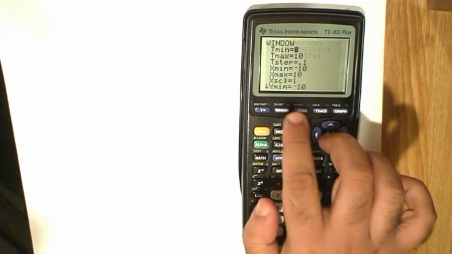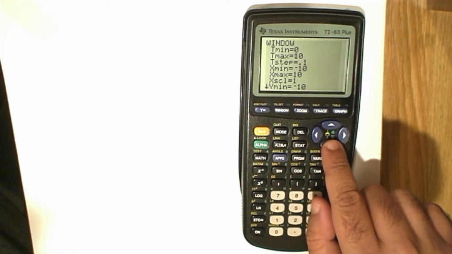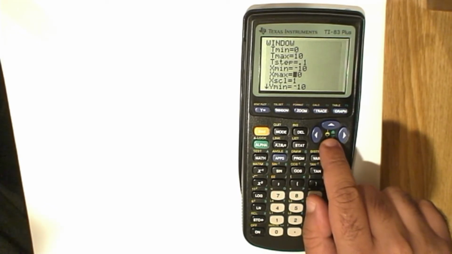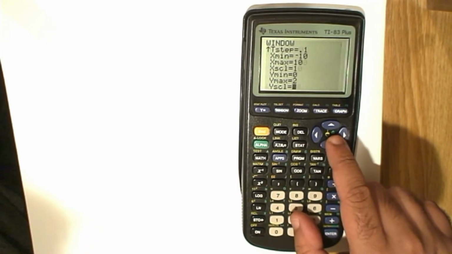I'm going to set my window as follows. Minimum time as being 0, maximum time as being 10 seconds, and we'll see where the particle is every 0.1 seconds. I'll set x to range from negative 10 to 10, with a scale of 1, and y to range from 0 to 2 with a scale of 2.